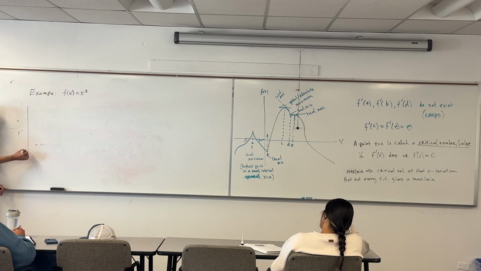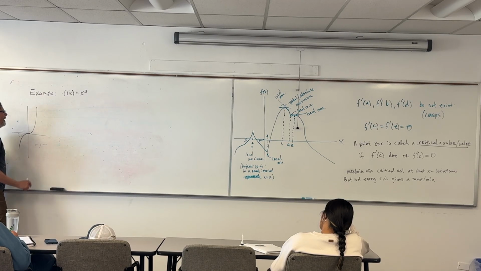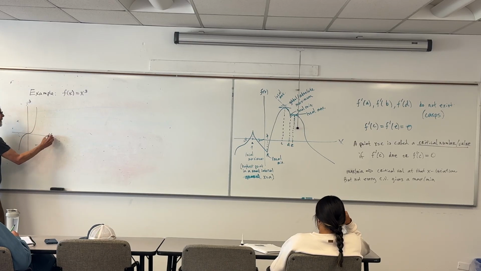Hopefully you got a picture in your head of this serpentine graph. Looks like that, good old cubic. This is a little broken, my horizontal axis. Use your imagination. So this is x cubed.